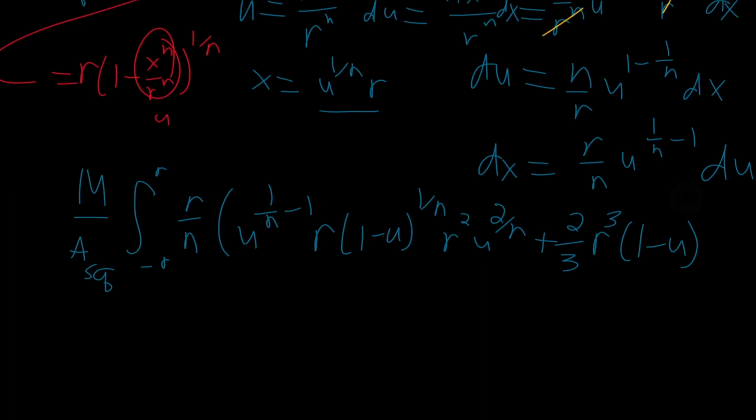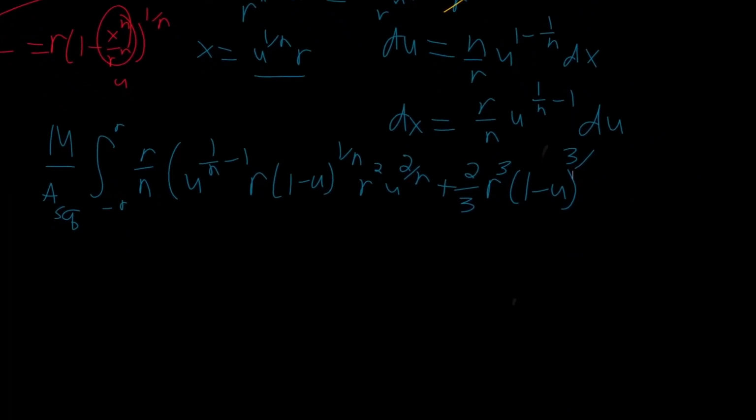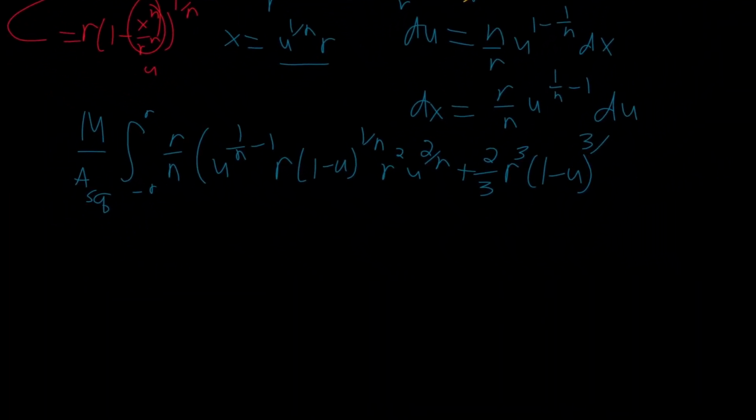If I was writing in pen, I'd just write over it, but we have erasers in OneNote. That's always handy. Then times most of our du thing, because we already factored half of it out. So we have u to the 1 over n minus 1, close parentheses, and now don't forget the du.